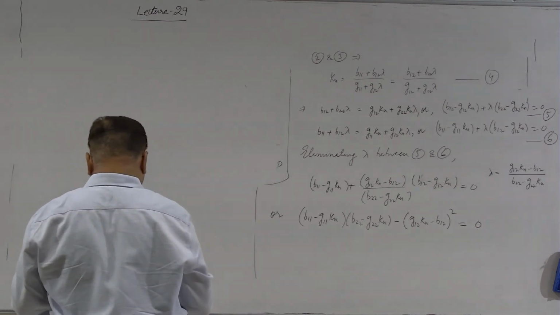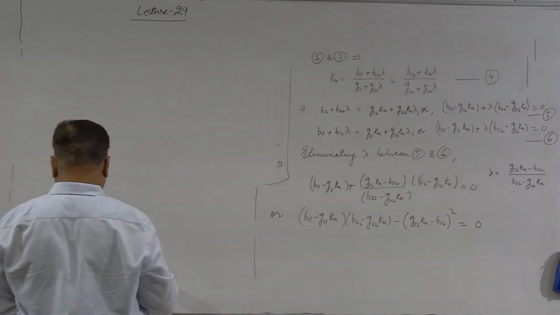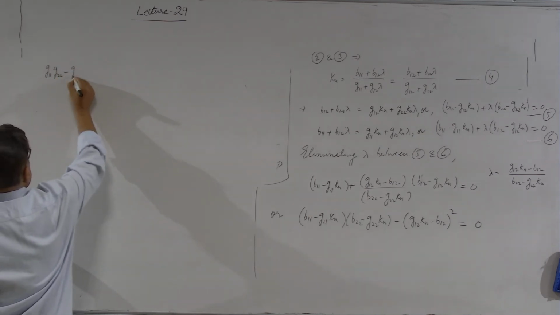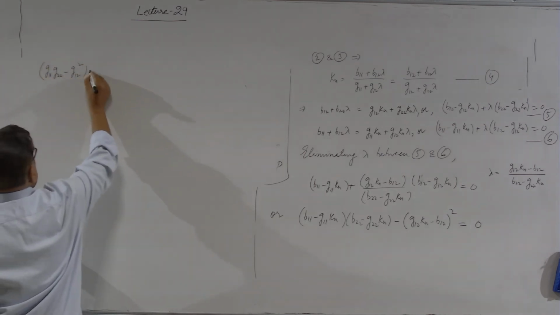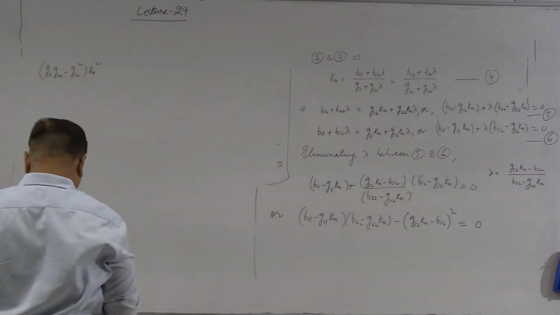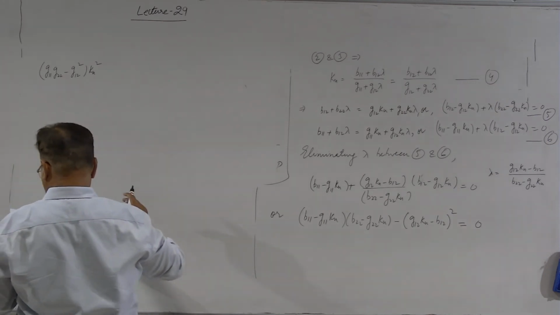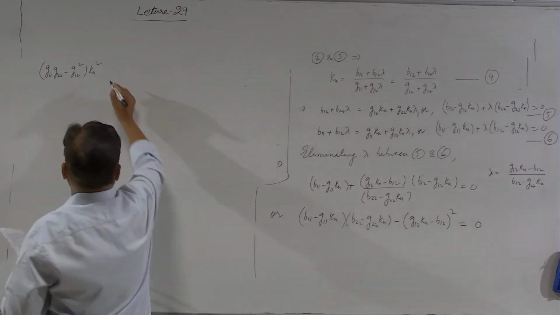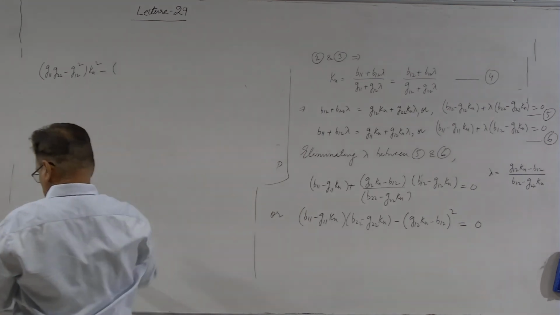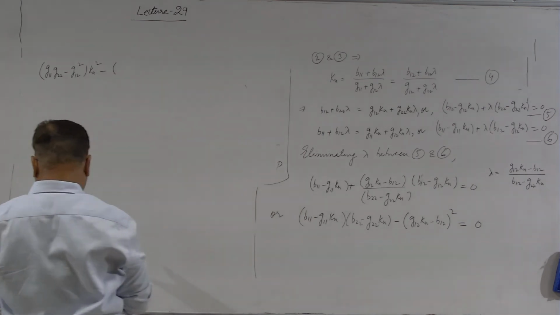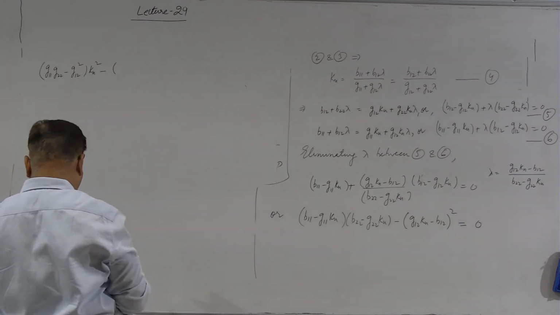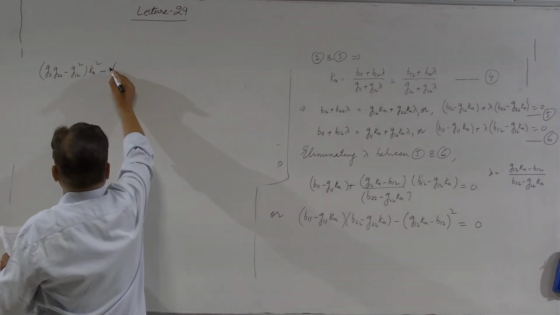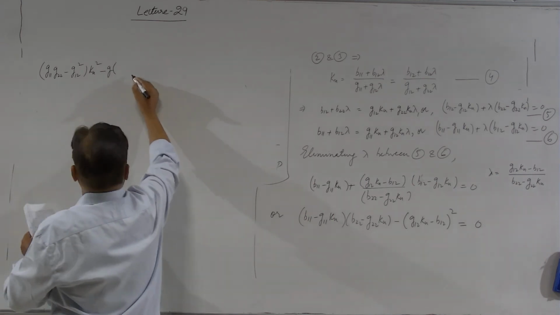So this will give you G11 into G22 minus G12 square into Kn square, and plus or minus times G22.